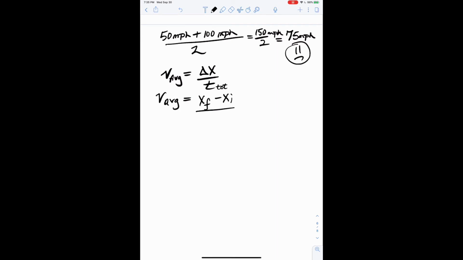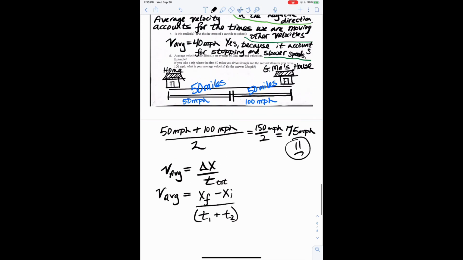And what you're starting to see is that in t total, there were really 2 segments, a T1 and a T2, because you were traveling different velocities for those different segments of the trip, right?